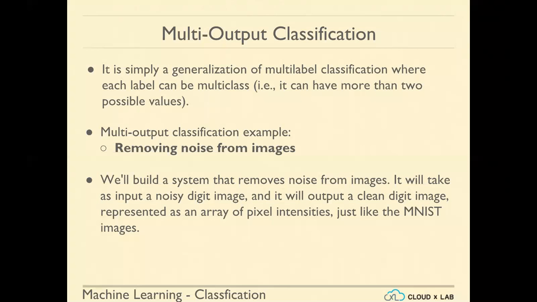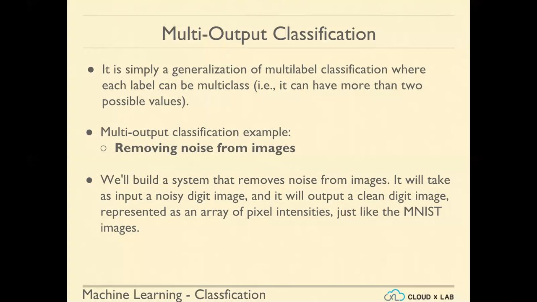This is something interesting and great. All right, so now we have a further generalization of the multi-label classification, where each label, instead of being true and false, could be multi-class.